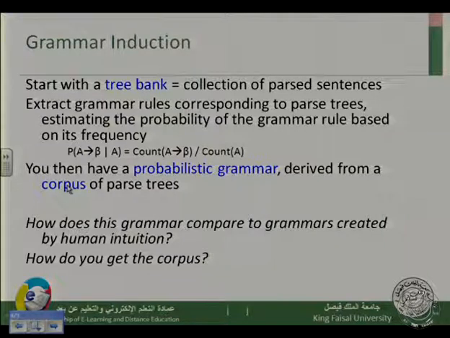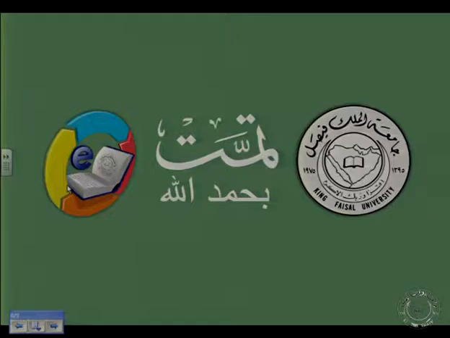I hope in this course I gave you some useful information about the relationship between language and information technology, how we use information technology for teaching and learning, and also the hidden relationship between language and information technology, and how IT people need language for their projects and research, and how linguistics people need IT for their research.